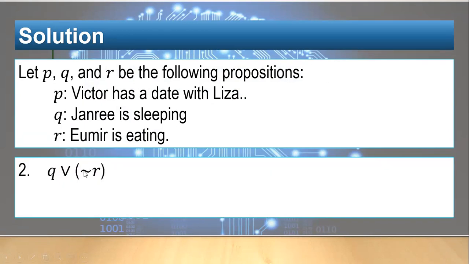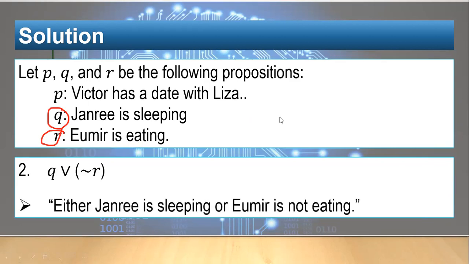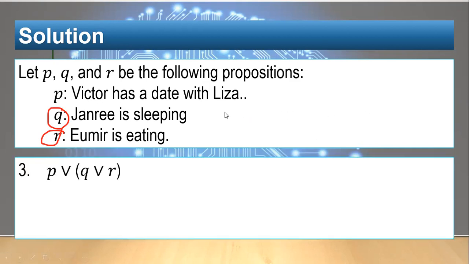So we have Q or not R. So babaliktad natin tong R and we will just copy the sentence Q or proposition Q. So our answer, next we have the symbols. We will rewrite it to sentence.